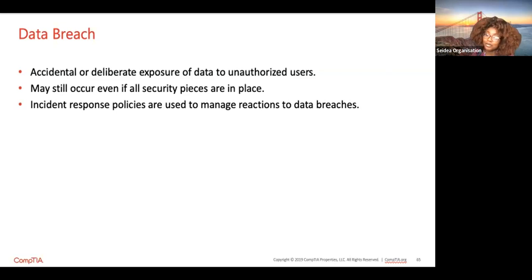But because insurance is a money business, a lot of insurance companies will not want to take an organization with a high risk. So a lot of insurance companies have checklists of certain procedures that need to be implemented before they can even give somebody insurance. So that's another element if we're thinking about data breaches in a real-world context. Cyber insurance plays a huge part in that as well.